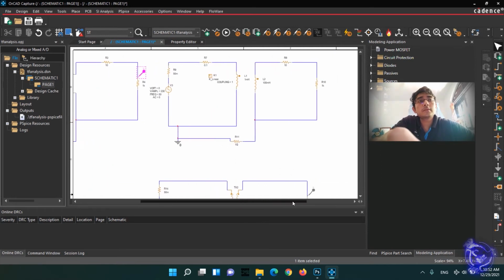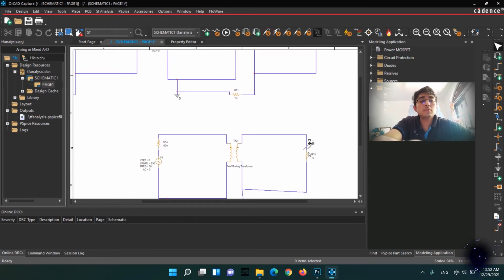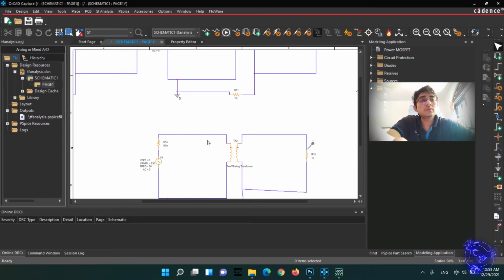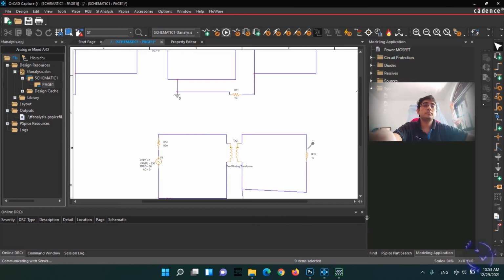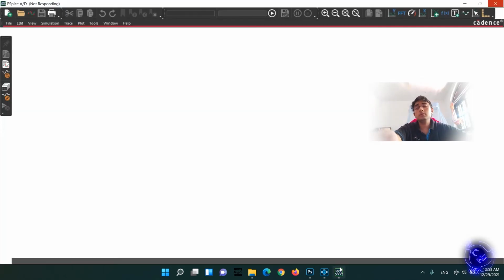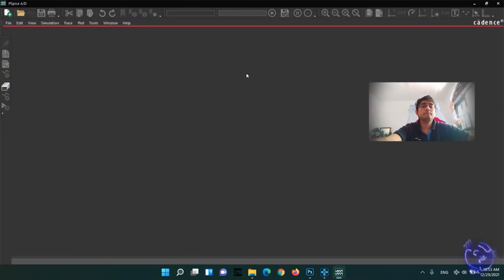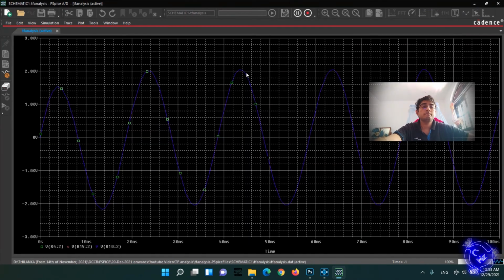Right. Now let's compare these three. This one, my second transformer output, and the third output. Let's simulate and check the results, whether I have the same output or not. I think I can get the same output, but let's see.